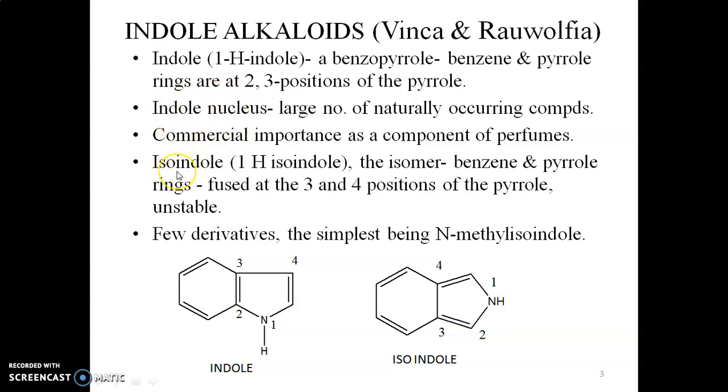Then you have isoindole, which is 1H-isoindole. Indole and isoindole are isomers of each other. Here also you will find benzene and pyrrole rings, but these rings are fused at the 3rd and 4th position of the pyrrole, and this makes it unstable.